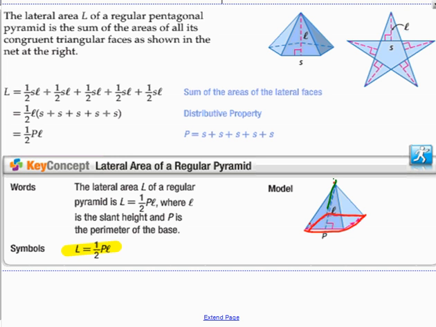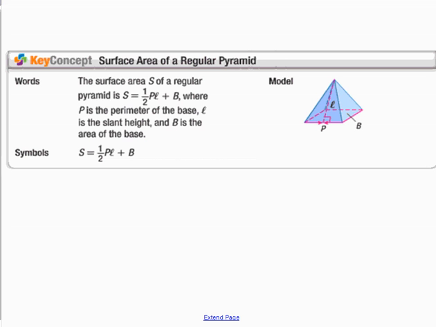The slant height is this guy right here, the one that slides down. So 1/2 of the perimeter times the slant height. And then the surface area is going to be the lateral area plus the area of the base. Well, we have to figure out the area of that square. So that would be the base.